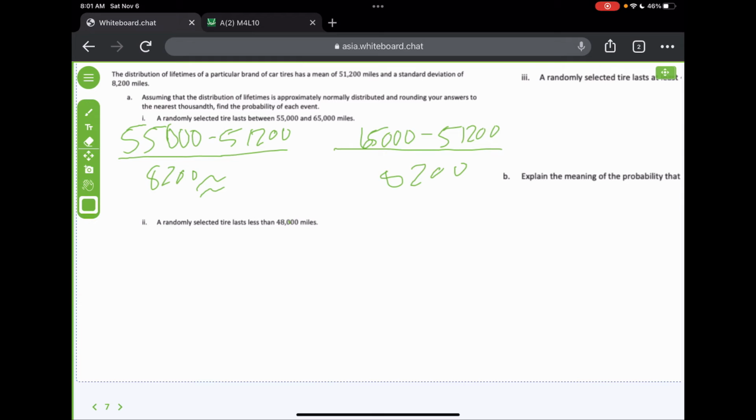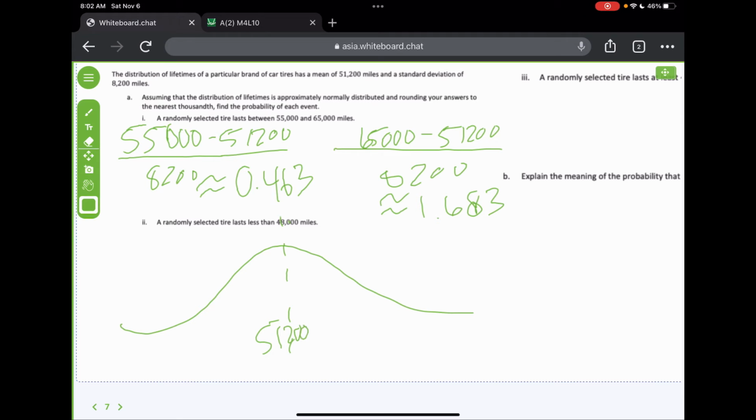So I'm going to calculate that, and you will get 0.463, and if you do this one, you get 1.683. Okay, so what we're looking at here is we know that the mean is 51,200.